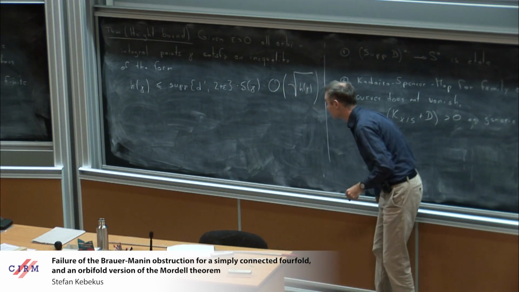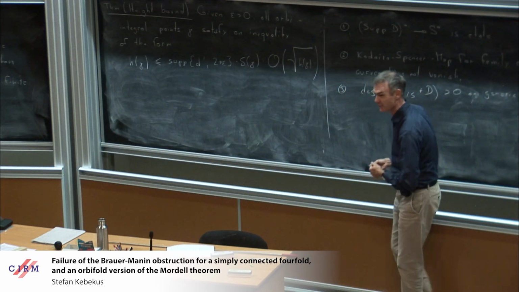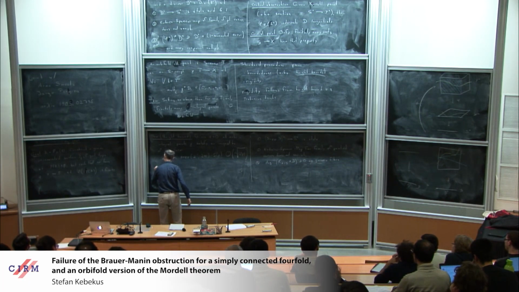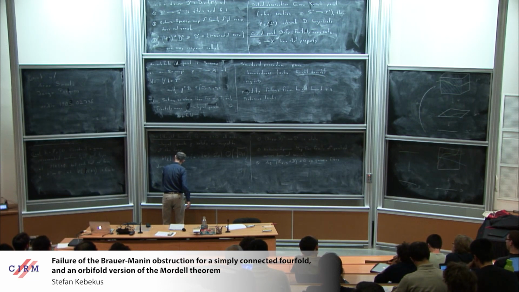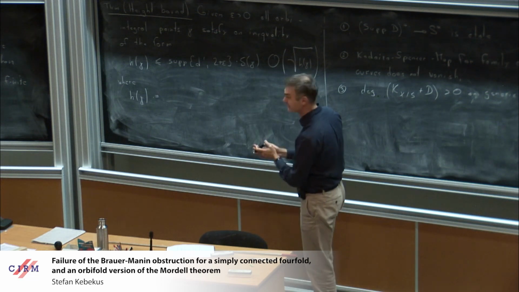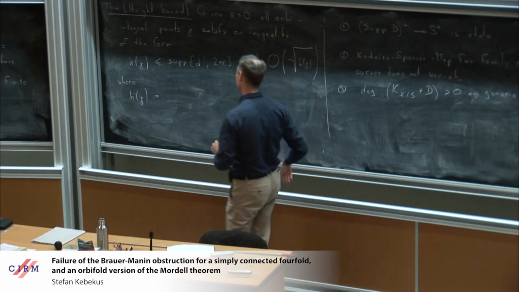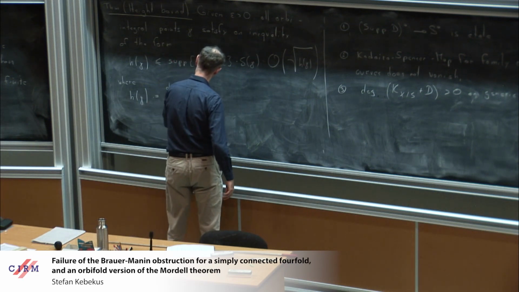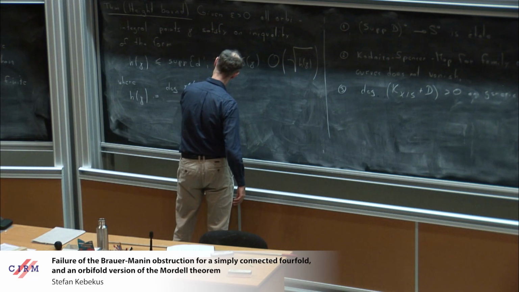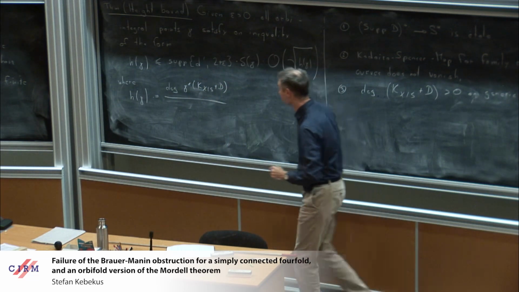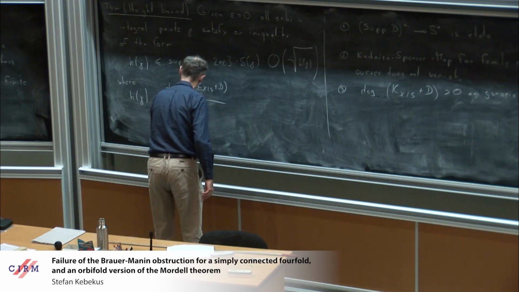So where I should say what height is, what d prime is, and what delta is, I think. So where the height is a fancy way of measuring the degree of that curve, namely it's the degree of gamma pullback K_{X/S} plus D, which by assumption is relatively ample, and then divided by the covering degree.